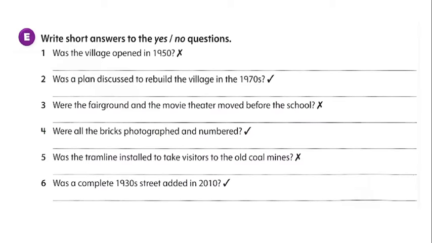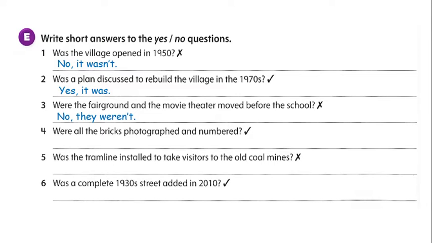So let's go next. Write short answers to the yes/no questions. Was the village open in 1950? No, it wasn't. Was a plan discussed to build the village in the 1970s? Yes, it was. Were the fairground and movie theater moved before the school? No, they weren't.